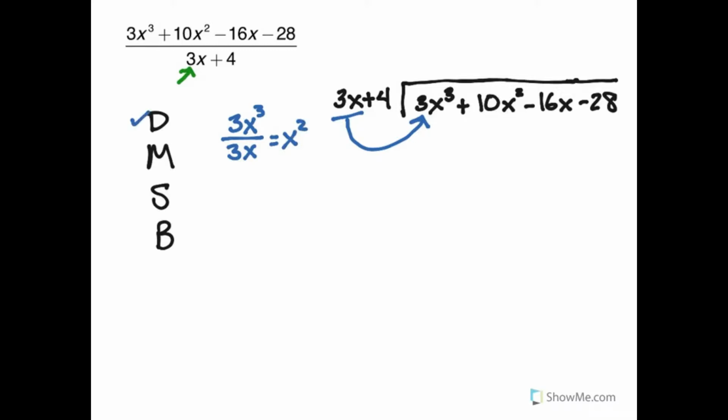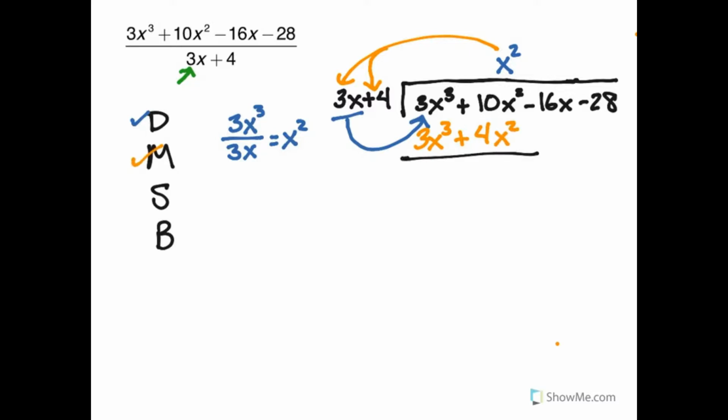So we did the division step, and we write the x squared in the x squared column. Now the next step is to multiply, and what we're going to multiply is this x squared term by both of the terms in the divisor. So x squared times 3x is 3x cubed, and x squared times 4 is 4x squared.